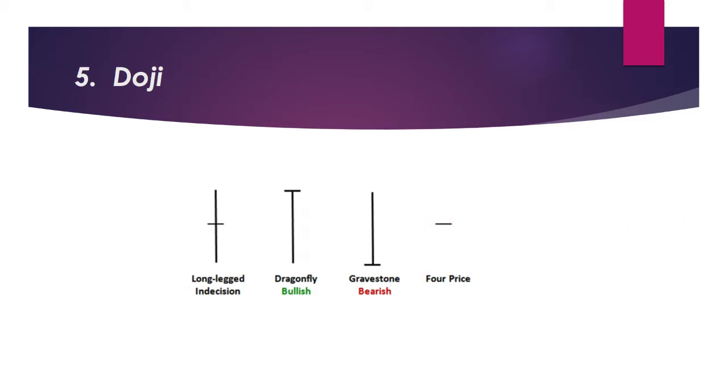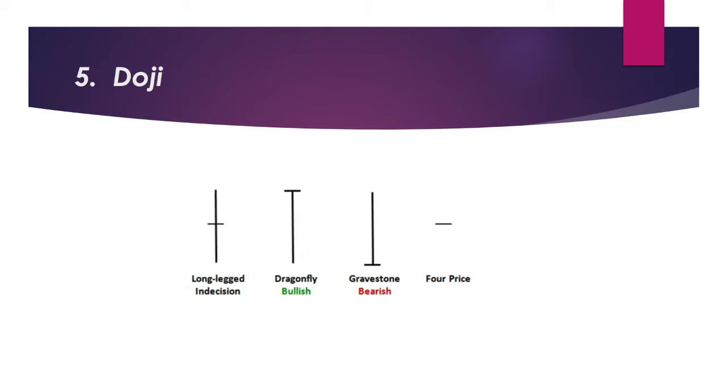All right, Doji candles have the same or almost the same opening and close prices, so their bodies are extremely short. You see the short bodies right here. Depending on where the opening and closing prices are in relation to the candlestick's range, the Doji candle tends to show market indecision.